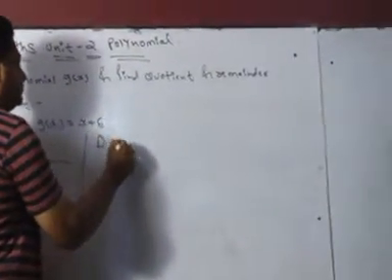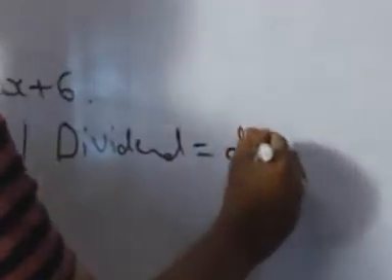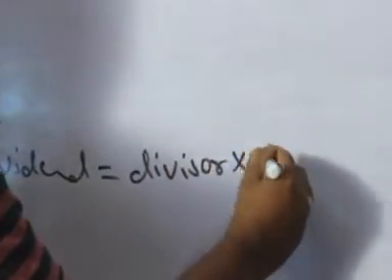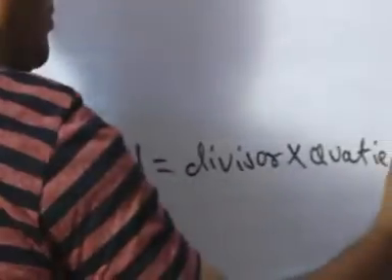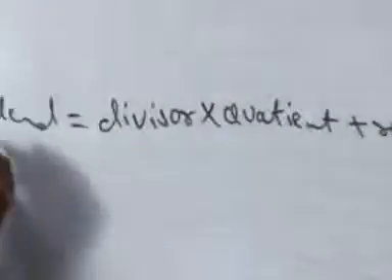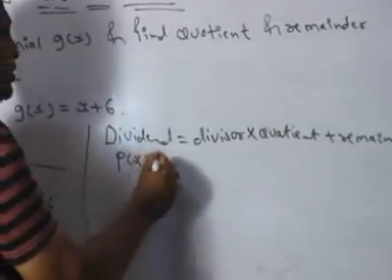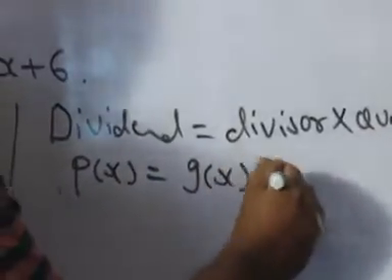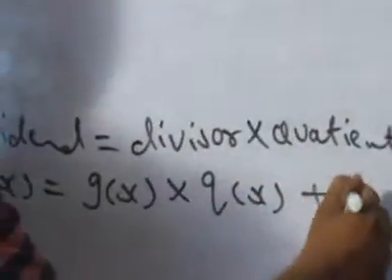Now our formula: dividend equal to divisor into quotient plus remainder, which is symbolically written as P of x equal to g of x into q of x plus r of x.